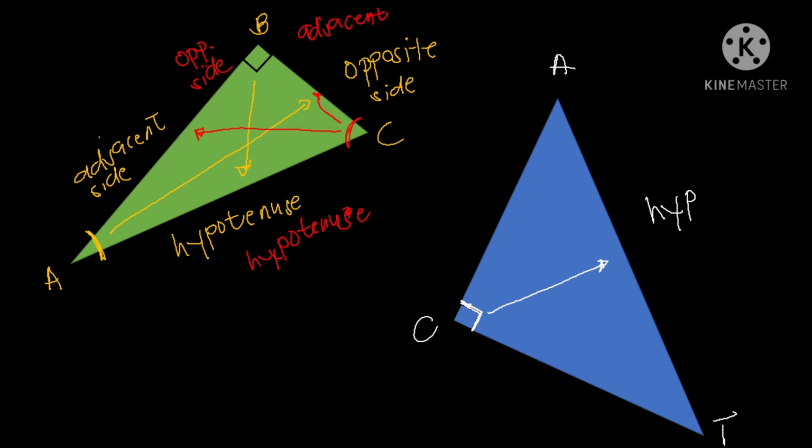So, let's just write HYP for the hypotenuse. And then, your reference angle example is A. So, your opposite side is side CT. And your adjacent side ay etong side CA.